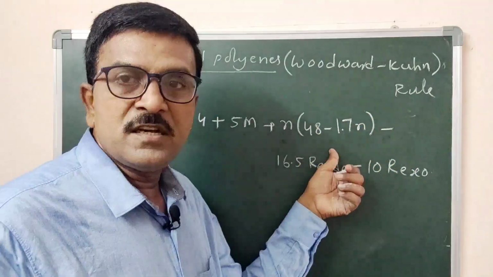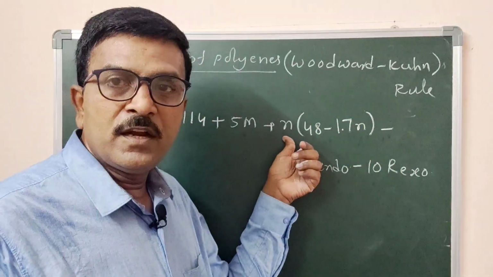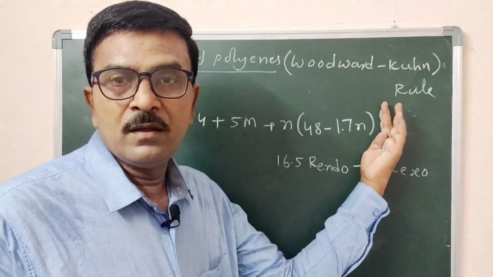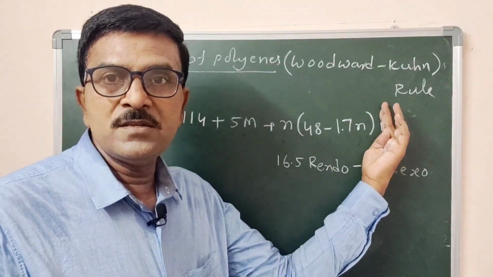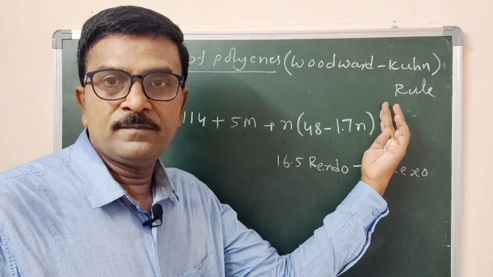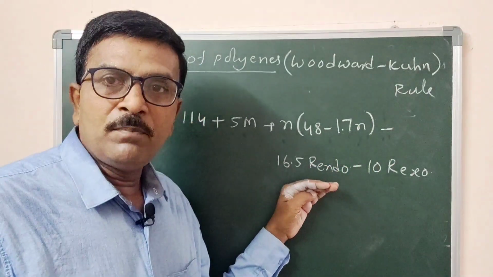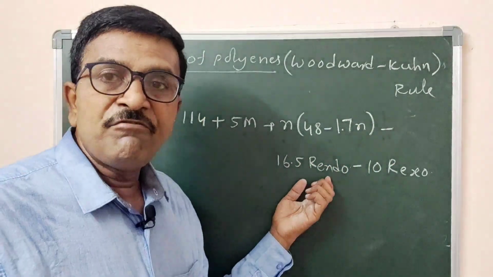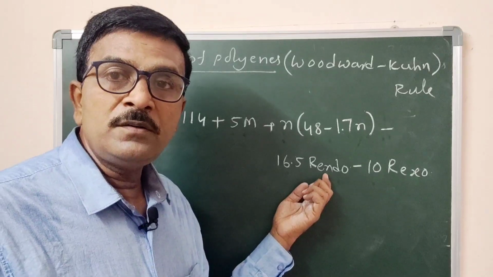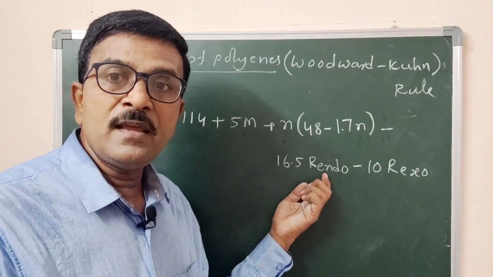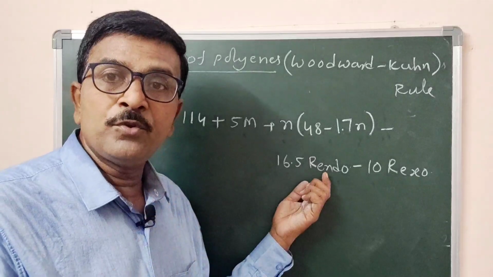Now, this is each double bond into number of conjugated double bonds. So, up to this part, the absorption maxima is shifting towards bathochromic. Coming to the second part, every endocyclic double bond in a polyene shifts the absorption maxima towards hypsochromic.